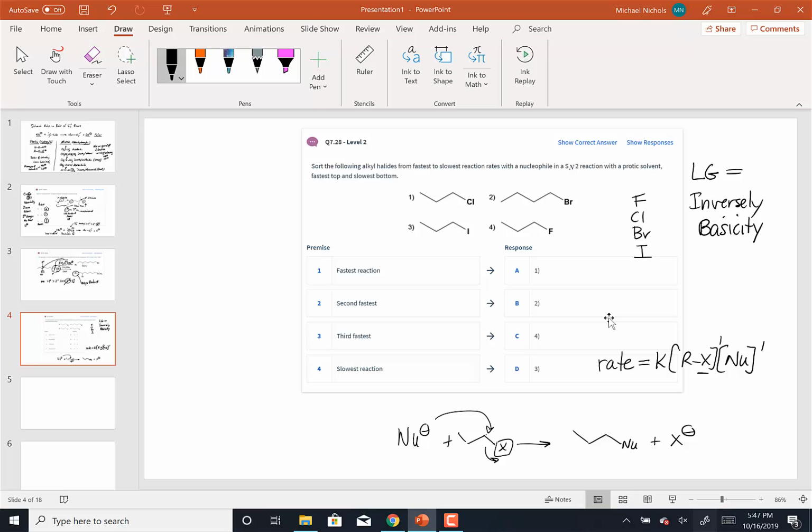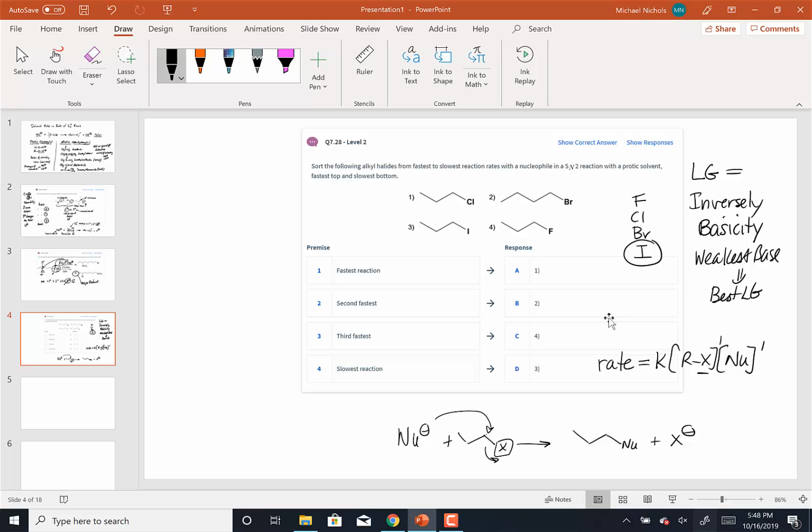So whichever one of these halogens is the weakest base, that weakest base is going to give me the best leaving group. And so you may want to go back and take a look at your notes, but which one of these is the weakest base? It is iodine.